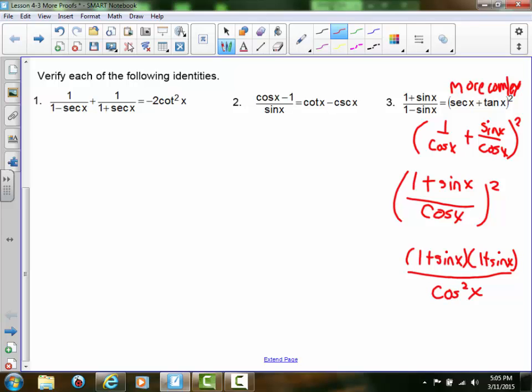And cosine squared x, we have our identities that let us know that cosine squared x is equal to 1 minus sine squared x. So I went ahead and changed that. So that's 1 plus sine x times 1 plus sine x over 1 minus sine squared x.